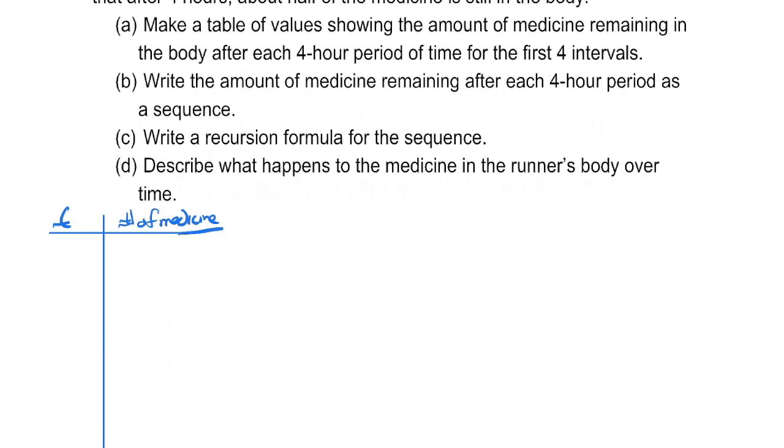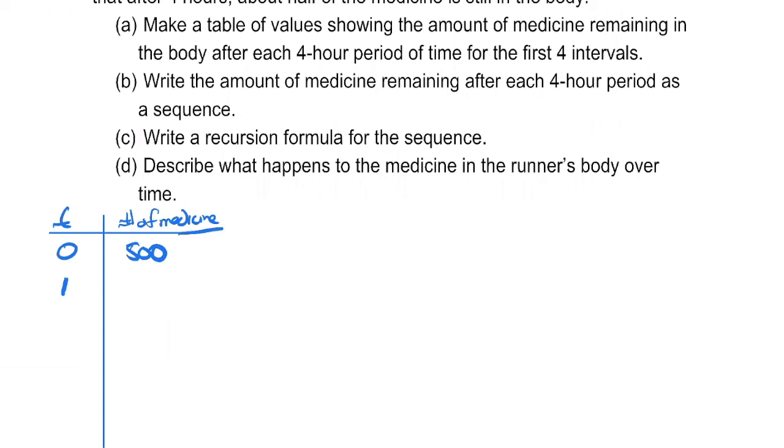When she first takes the dose, so 4 hours have passed by, how much medicine is in her body? Well, it's going to be 500 milligrams. The next time she takes the medicine, 4 hours later, this would be the next number of her sequence. How much medicine is in her body?